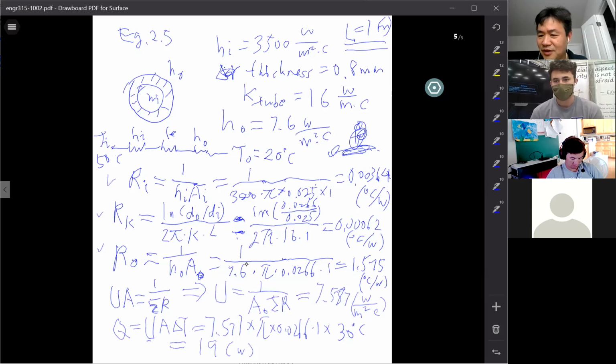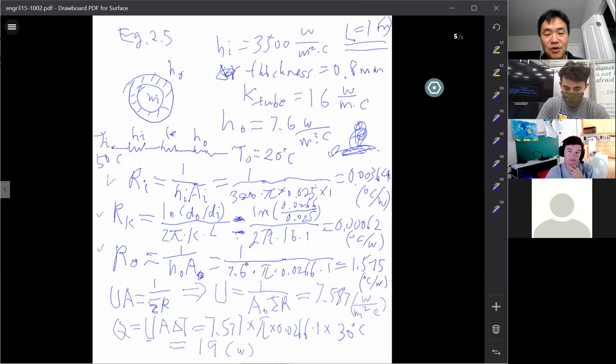Any questions so far? Now, I really want you to fully memorize the two different methods. At least delta T over R is really simple to memorize: delta T over the summation of R, where the summation of R could be different depending on the series or parallel configuration, as we presented.